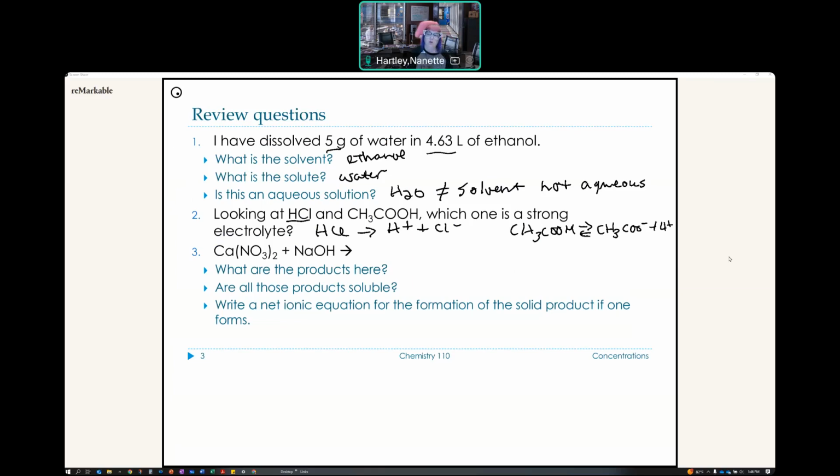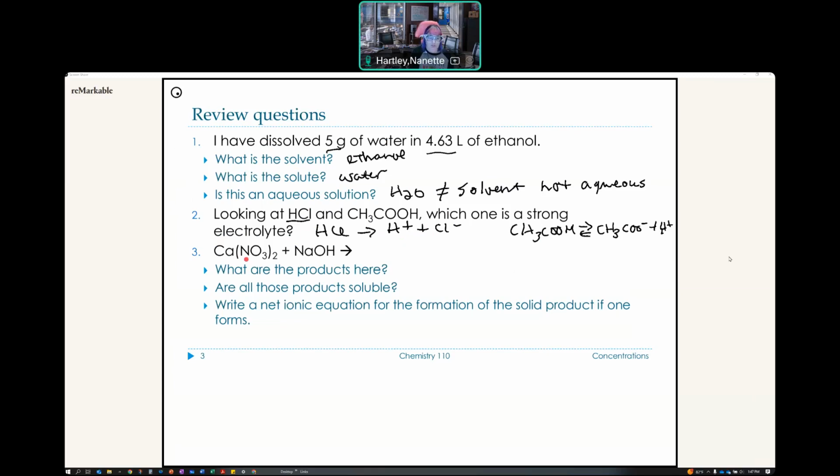They're very similar looking equations, but remember, we wrote these differently. This one had a single-headed arrow indicating that it only goes in this direction. This one had a double-headed arrow indicating that it goes both directions. So this was a weak electrolyte, only partially happens. This was a strong electrolyte, and that means it goes completely to that side. So HCl is my strong electrolyte.